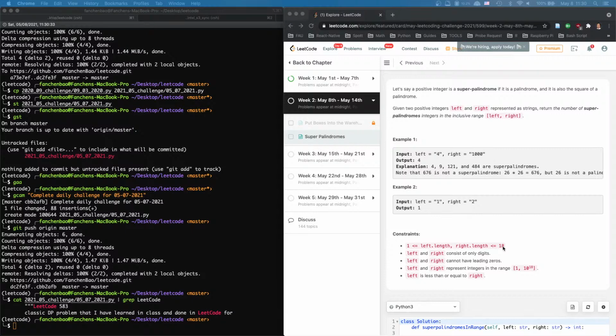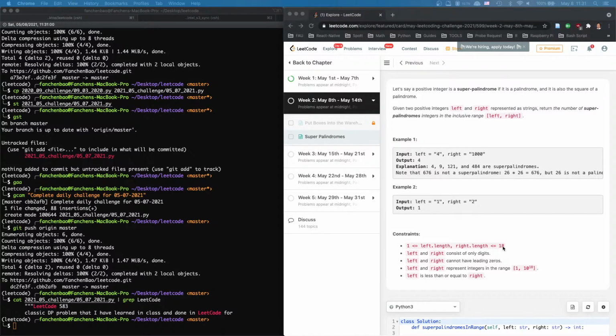Is there an easier way to do this? That's the thing, is there an easier way to do this? And we only need to return the total number. I mean, we can produce all of them, but all right, let's think about it this way.